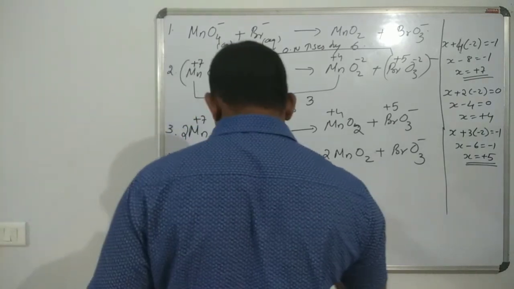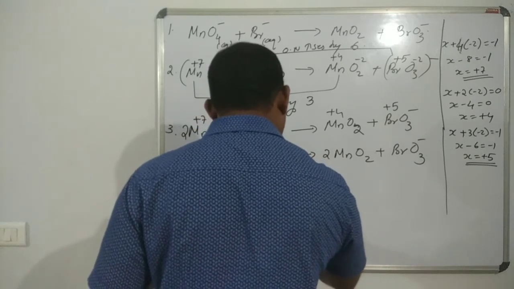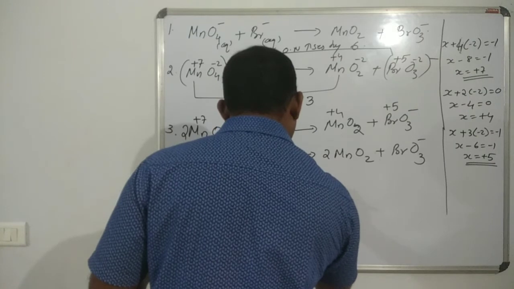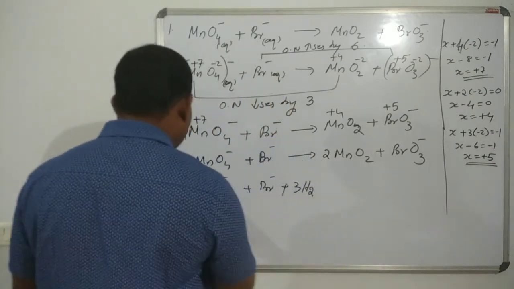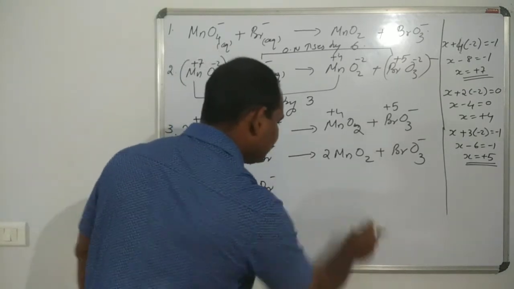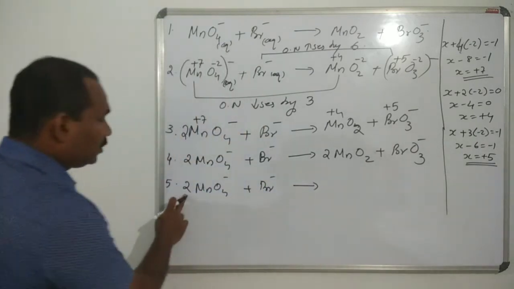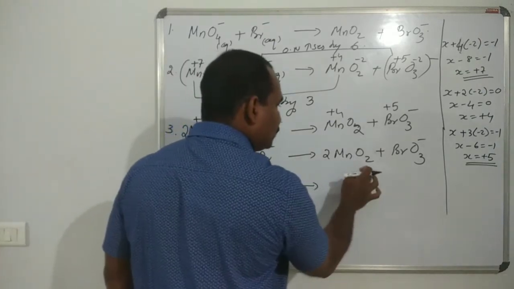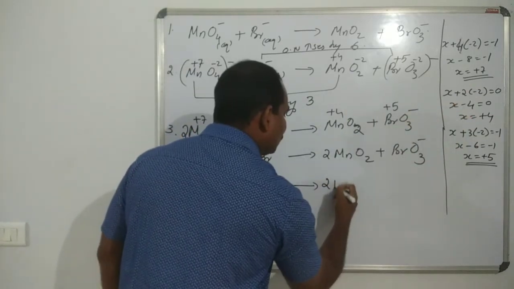So you add 3H2O in this side. Sorry, 2 into 4, 8. Sorry, one step. We forgot 2. 2 into 4, 8 oxygen. 2 into 2, 4 plus 3, 7 oxygen. Oxygen is deficient in the right side.